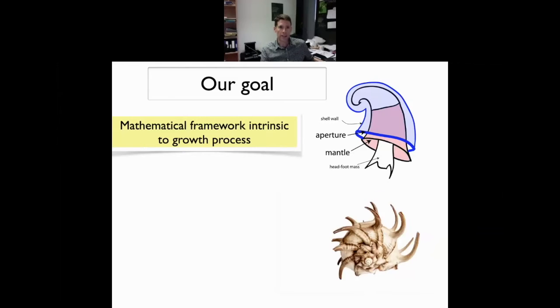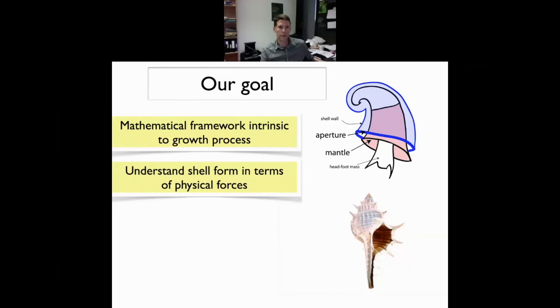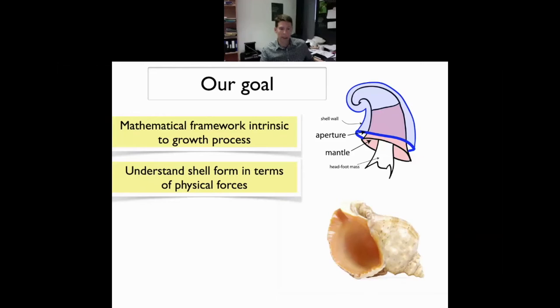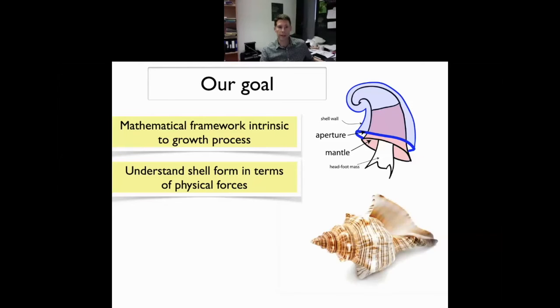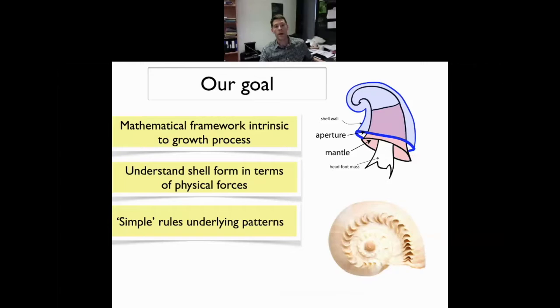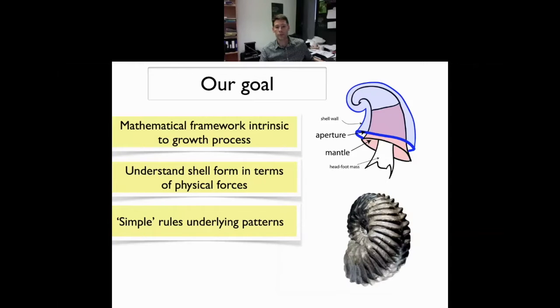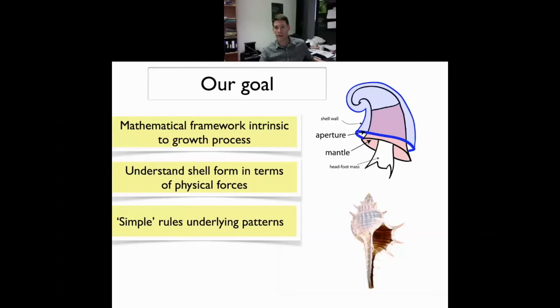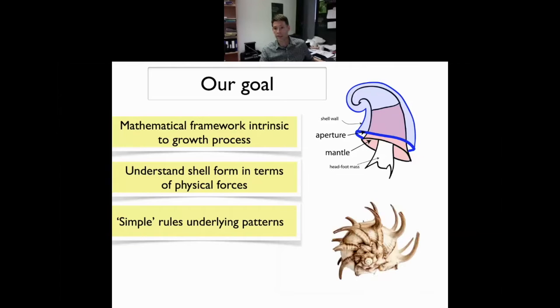So, a framework that's intrinsic to the actual process of growth, and to take this idea of D'Arcy Thompson and put it in very quantitative mathematical terms. Can we understand shell form in terms of physical forces? Can we find simple rules based on the physics of the growth process and understand the patterns and the diversity of patterns?